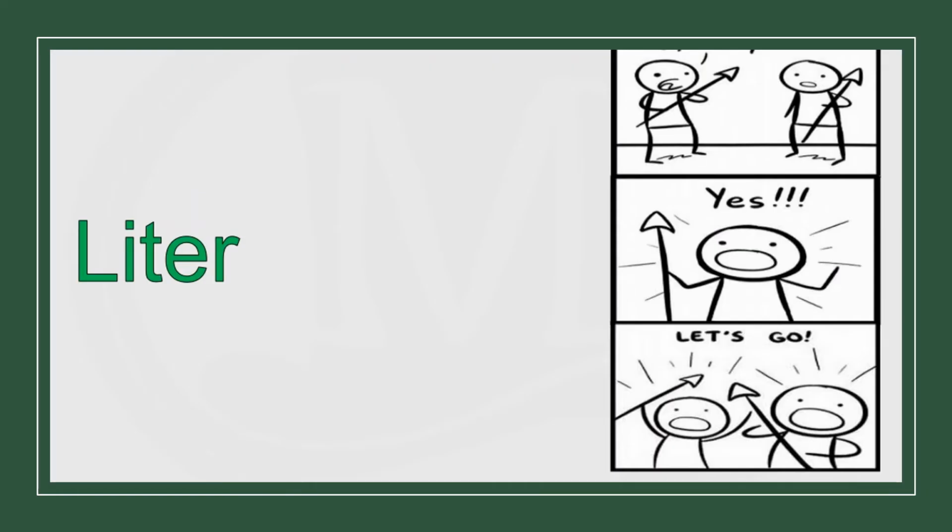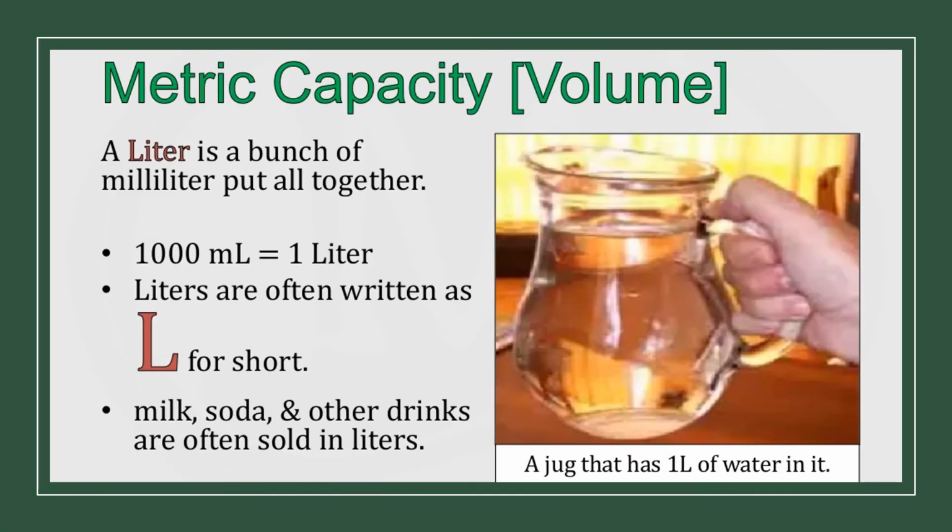Okay, so now we are going to look at liters. We've looked at milliliters, and so now we have to look at liters. A liter is a bunch of milliliters put all together.